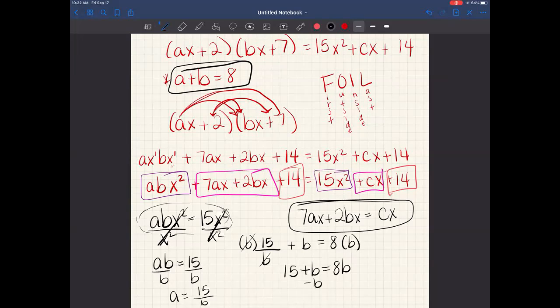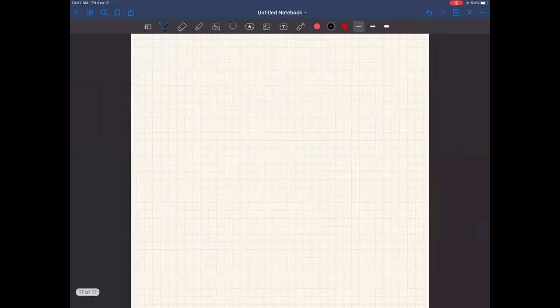I'm going to subtract by b, which is going to give me 15 equals what? 7b. And now we're going to get another horrible fraction because I have to divide by 7. And that gives me b is equal to 15 over 7.